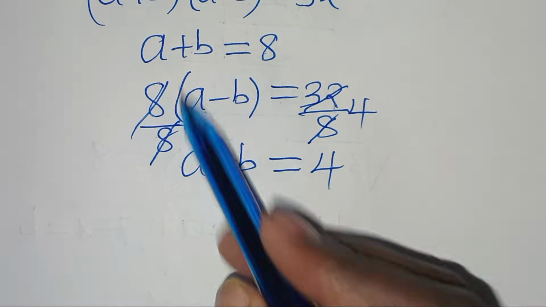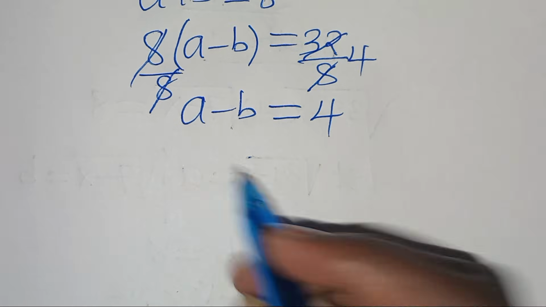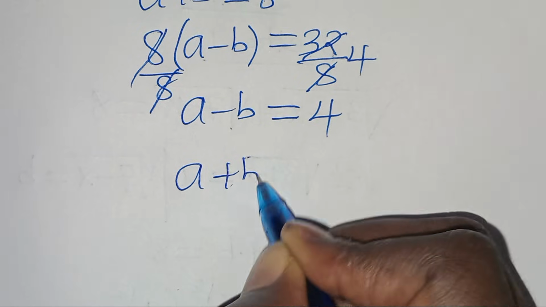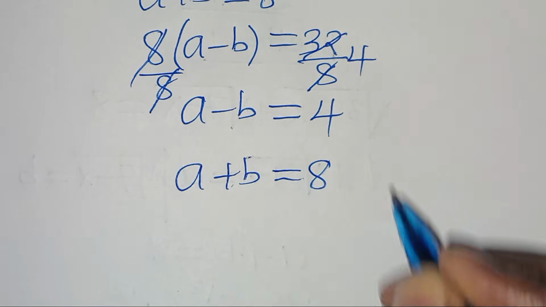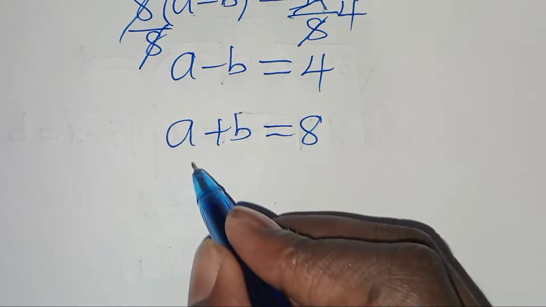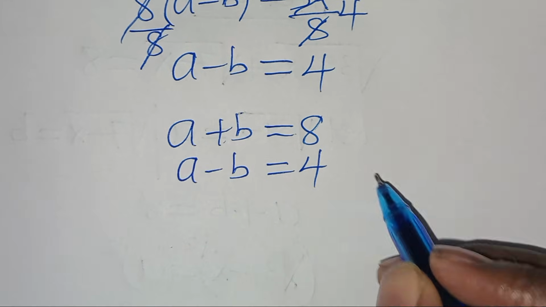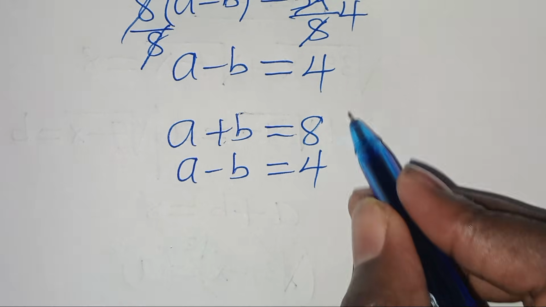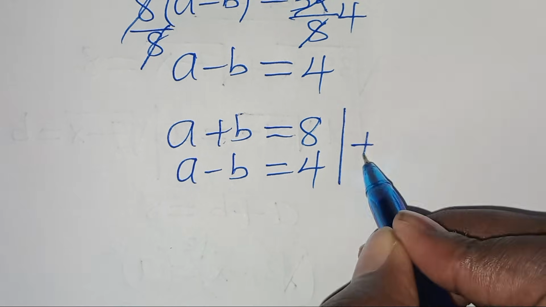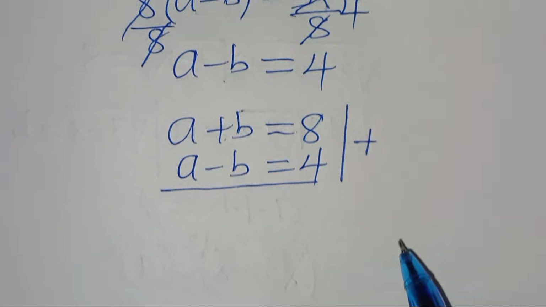Now we have that a plus b is equal to 8, and a minus b is equal to 4. These are systems of linear equations, so let's add these two equations.